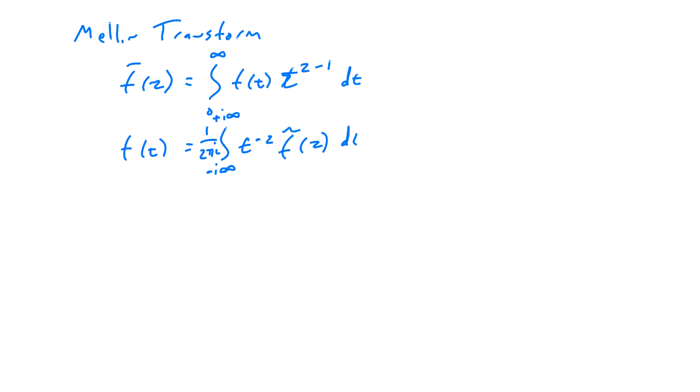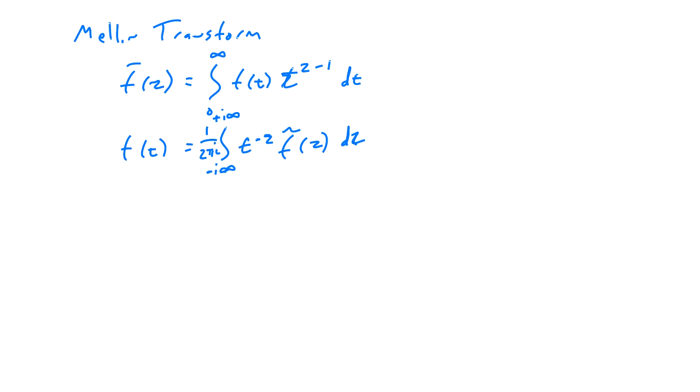And so you could see that with the Mellin transform, it's very unusual. This is a z, not a 2, in case anybody's wondering, in that it's basically not using an exponential of any kind or a Bessel function. It basically just uses this t to some number.